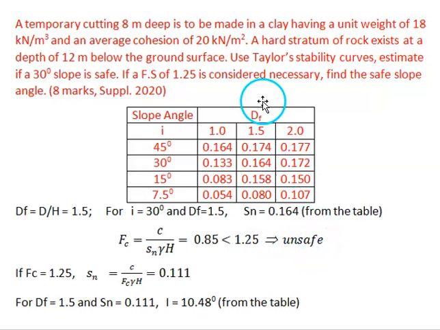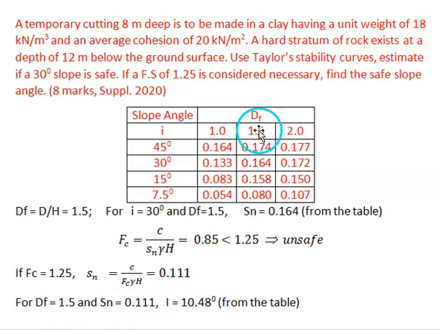And in the second case, we have to take this factor of safety into consideration, and then we have to estimate the slope angle. For that, let us take the Fs value as 1.25 in the stability number equation, and let us estimate the stability number first, which is equal to c by Fs into gamma into H. So stability number value is coming as 0.111.